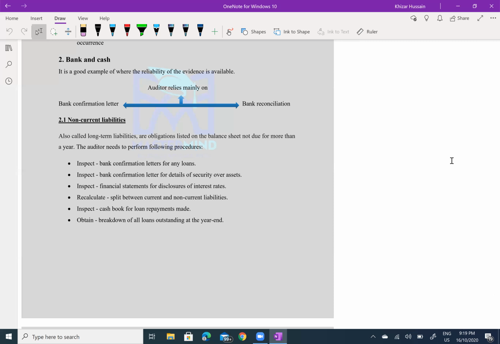So numbers were swapped. The third digit was swapped with the first digit and stuff like that. Okay. So the bank confirmation was revised. So it's not like you take in a bank confirmation, put it in your file and go home. You need to cross check, you need to corroborate with other evidence as well.